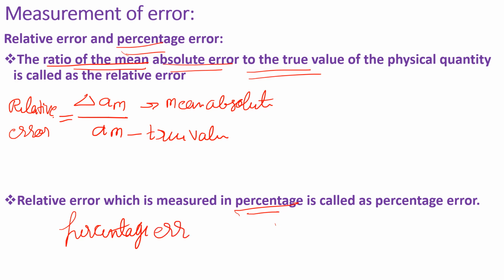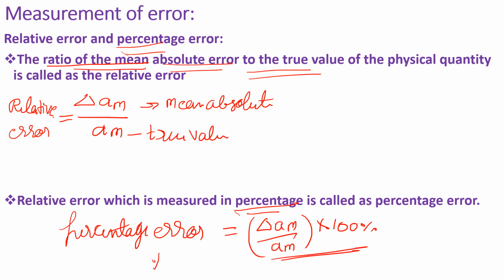Percentage error is equal to the relative error, delta A mean divided by A mean, multiplied by 100%. Whatever answer we get is called the percentage error in the measurement of that particular physical quantity. So what we have discussed is that there are three types of measurement of error. First is absolute error, second is relative error, and third is percentage error.